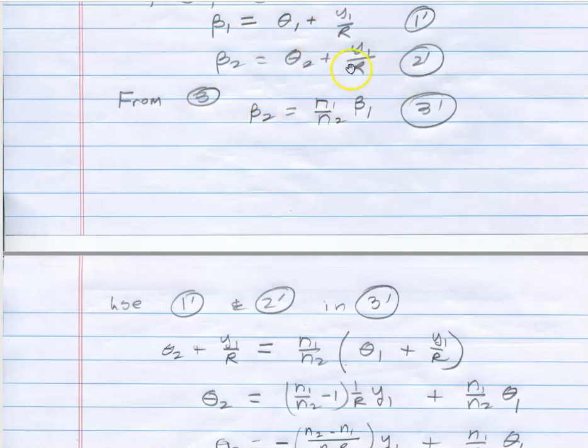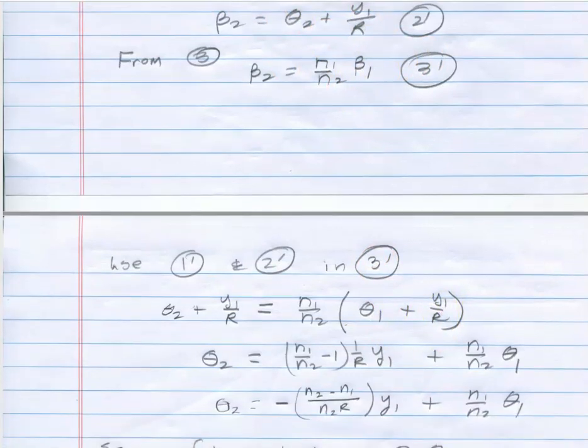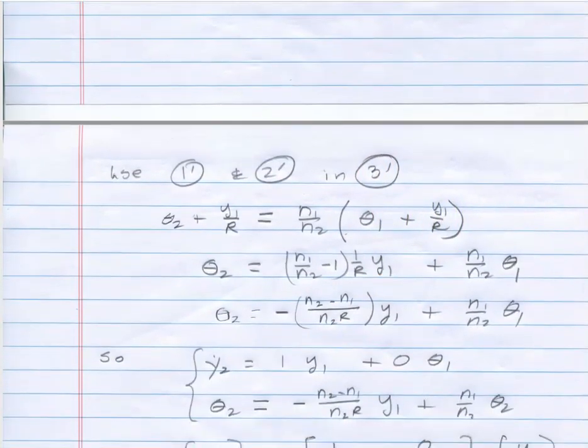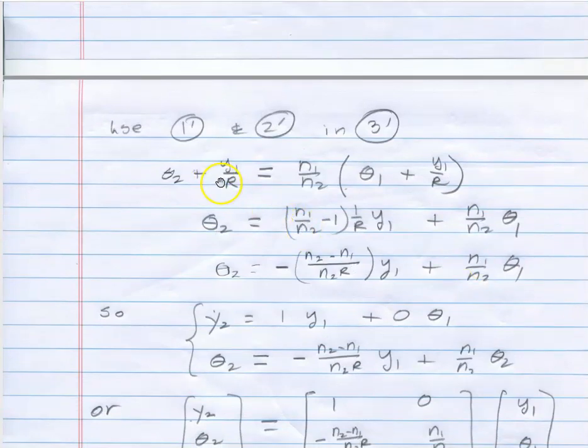That becomes theta 2 plus y1 over r equals n1 over n2, and then beta 1 is theta 1 plus y1 over r. And then I solve that for theta 2. Basically take the y1 over r over to the other side and distribute across. I'll write the n1, n2, theta 1 here.